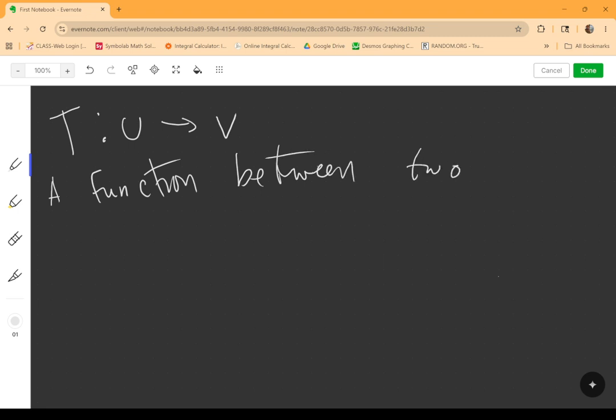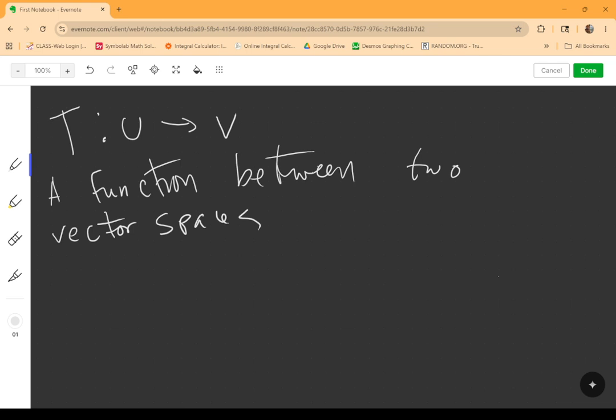It must satisfy two properties in order to be a linear transformation.